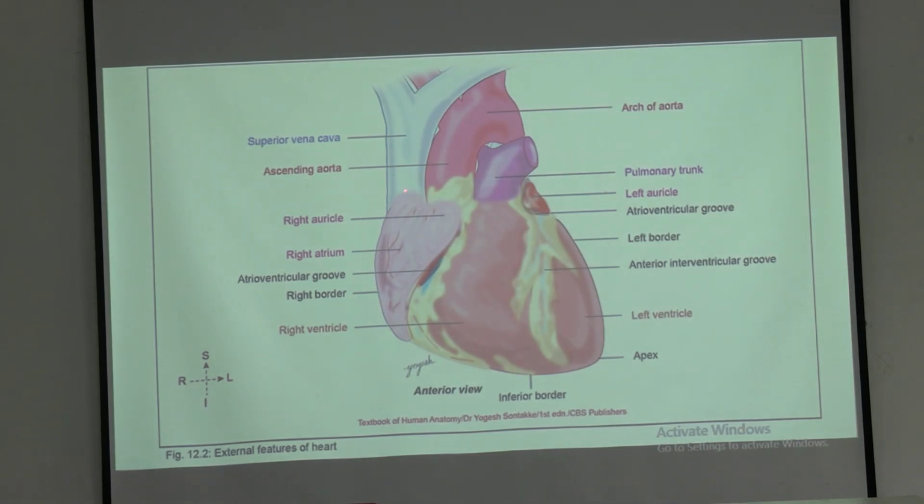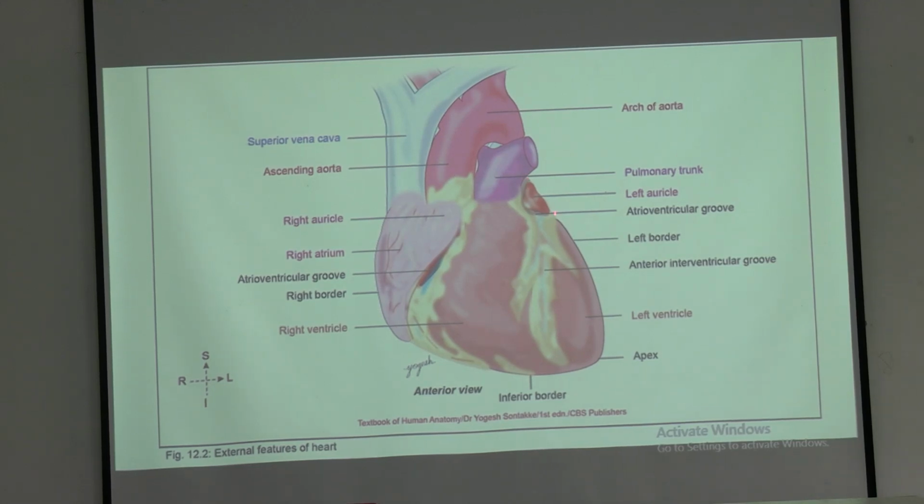So there are some borders. The border connecting the superior and inferior vena cava forms the right border. Similarly, on the left side, we can get another border, the left border, and it is formed by the left auricle and the left ventricle.